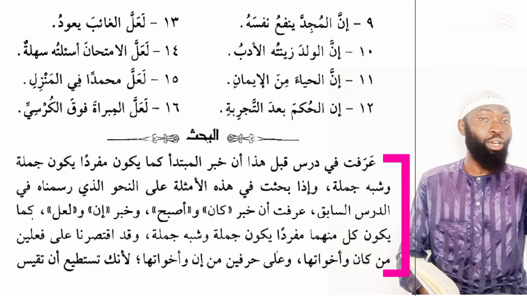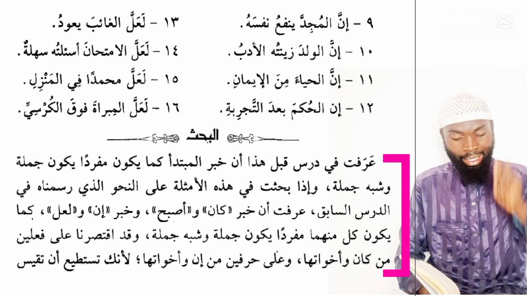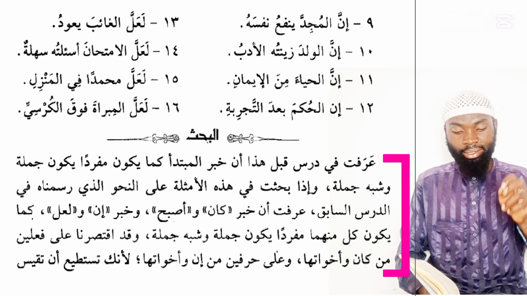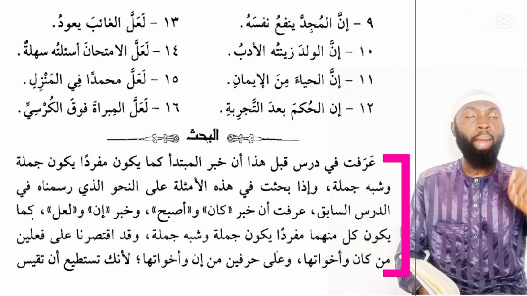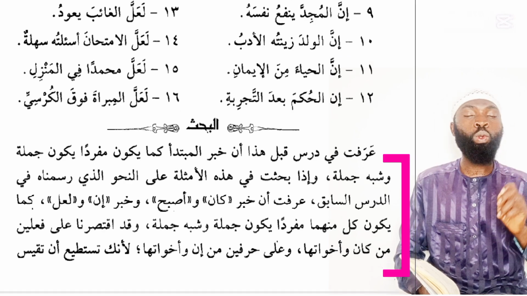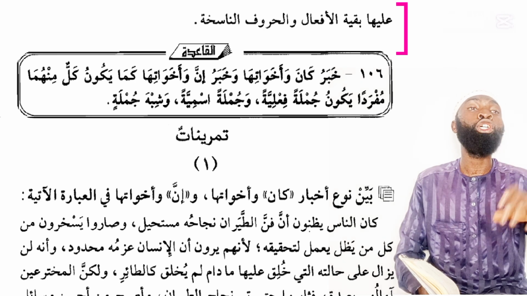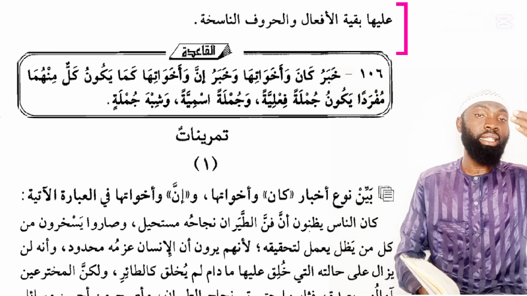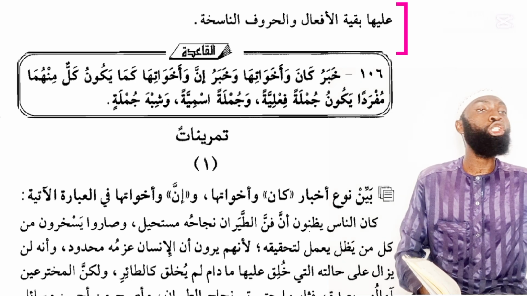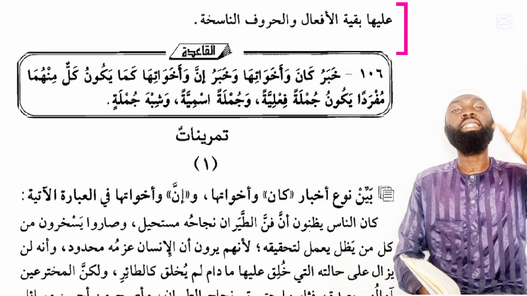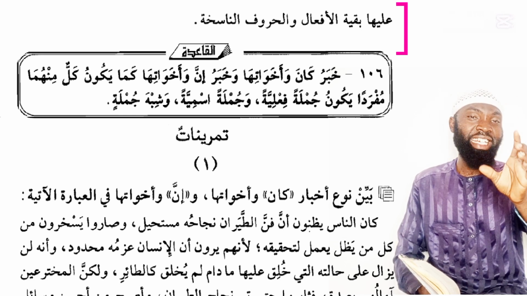There are also many, but it only chose inna and la'alla, because you can measure the rest of the verbs and particles on them. He says he did this because, based on what he has given you, you can now use any of the sisters of kana and inna.